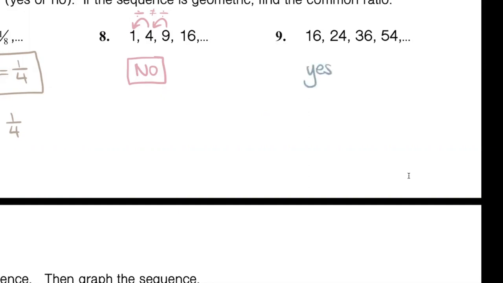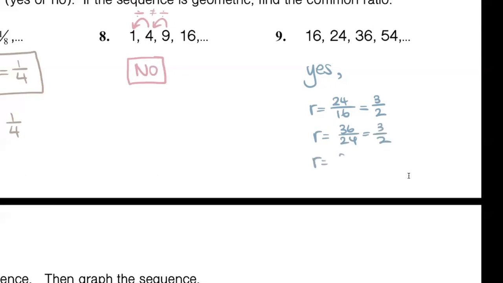Yes is the correct answer. To find R, you can do 24/16. Divide top and bottom by 8, and you get 3/2. Double check and do 36/24. Divide by 12, we still get 3/2.